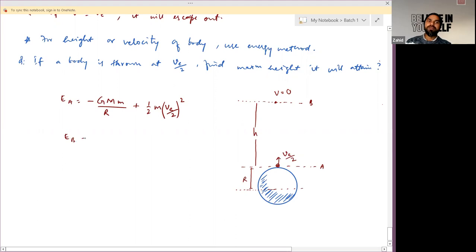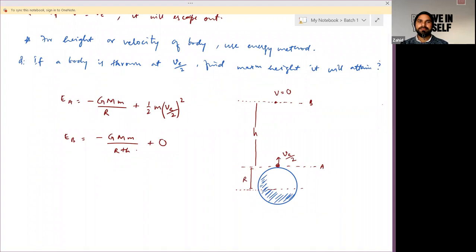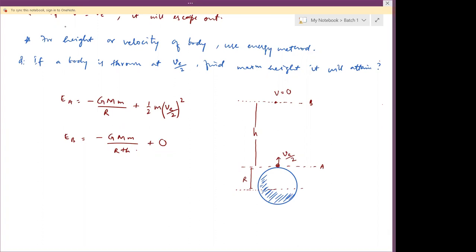So energy at point B will be only potential energy, minus GMm by R plus H, and no kinetic energy. Is it clear? Yes, sir, it's clear.